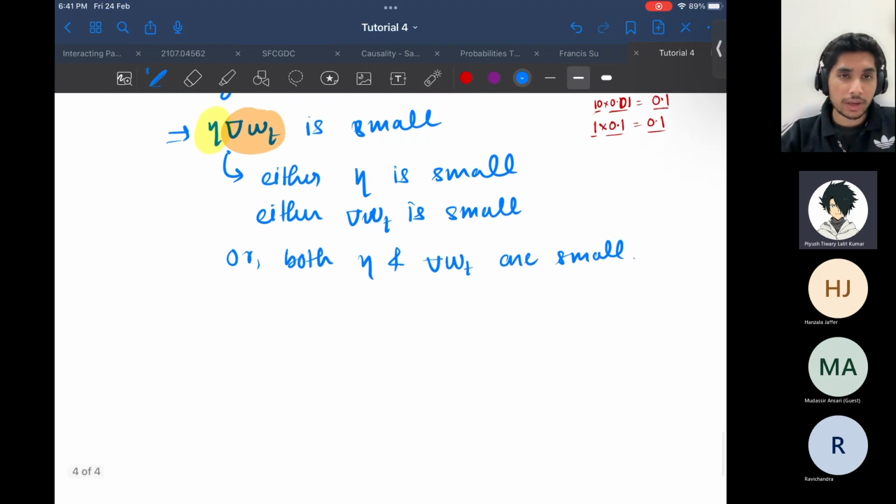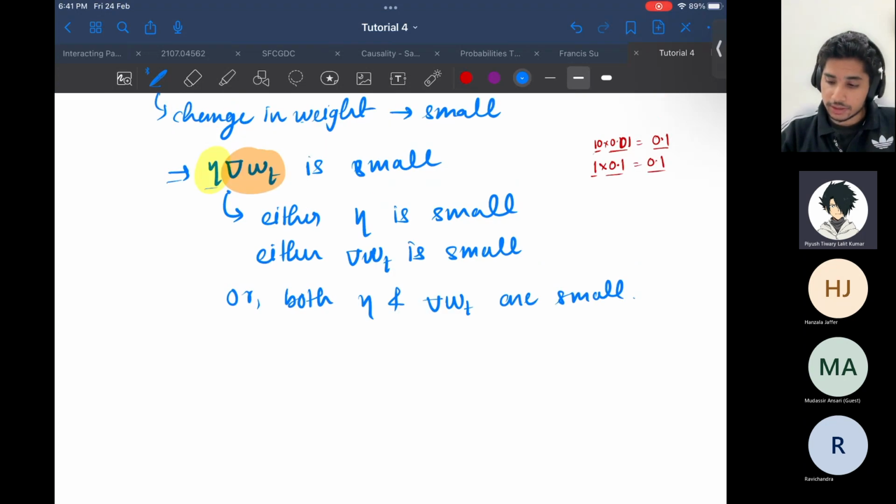And in the options, the options that you have been given include eta is large. We cannot say if eta is large or not because we know the product is small. We don't know what the individual terms are. What we can say is that at least one of them is small. We cannot say one of them is large or not. So eta is large is not a possible answer.